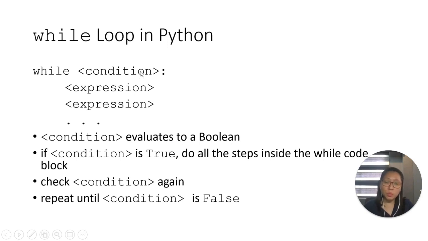So it's either true or false. And if condition is true, do all the steps inside the while code block. Check the condition again and repeat until the condition is false. So this code block will be executed until this condition becomes false.